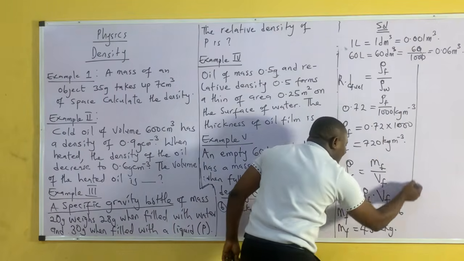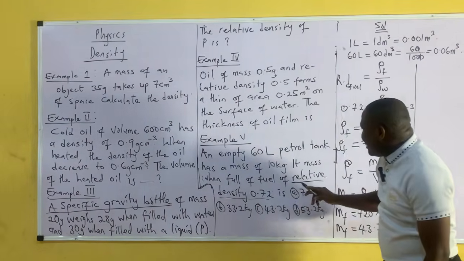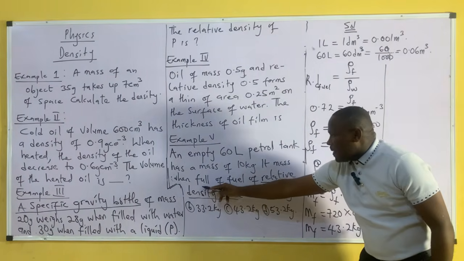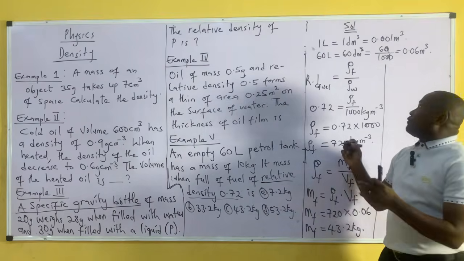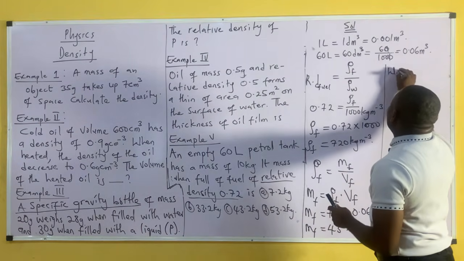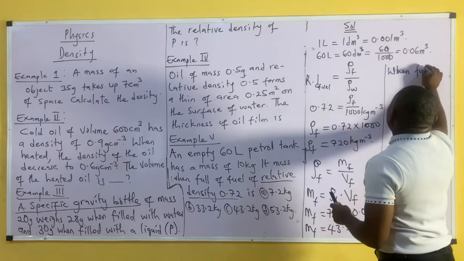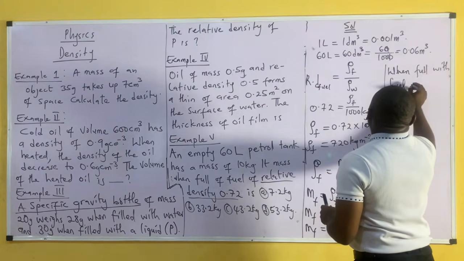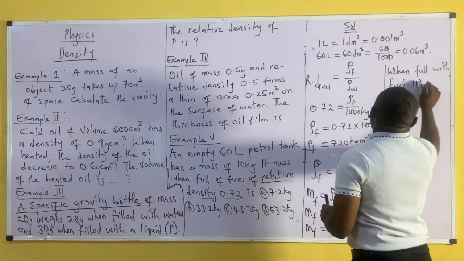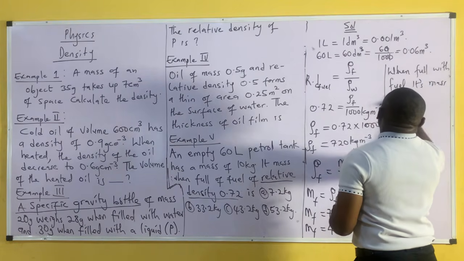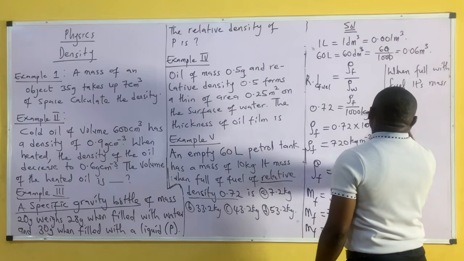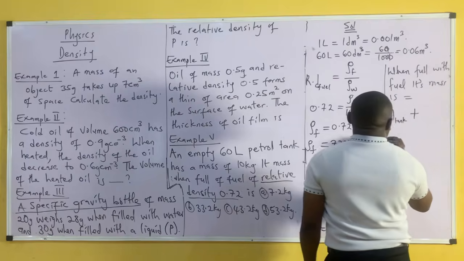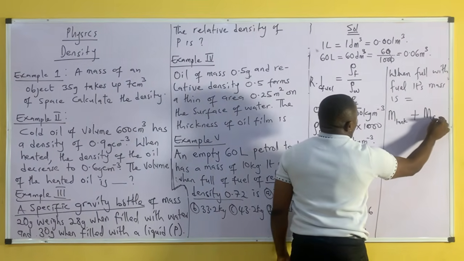Now, look at where the question is. The question says, its mass when filled or when full of fuel. So, when full with fuel, its mass will be given as mass of tank when empty plus mass of fuel.